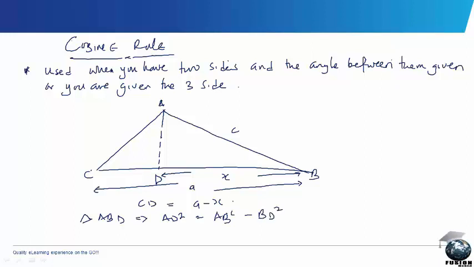Okay, and so we can as well write AB squared is equal to C squared, and then BD squared is equal to X squared, right?